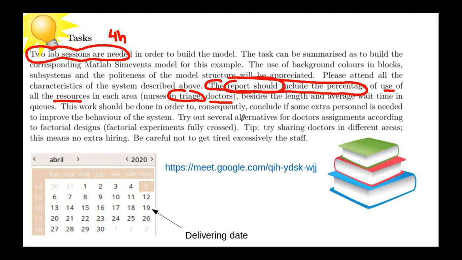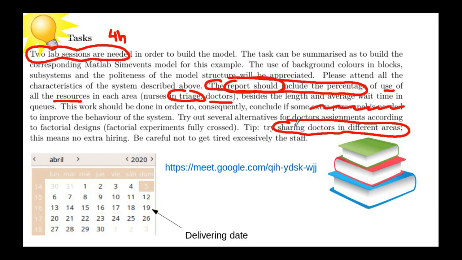Finally, what I want is to share doctors in these 2 different areas. So, to summarize, despite what is written in the original document, I don't want extra personnel needed.